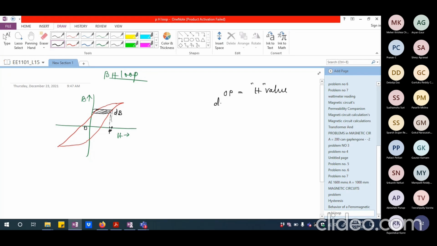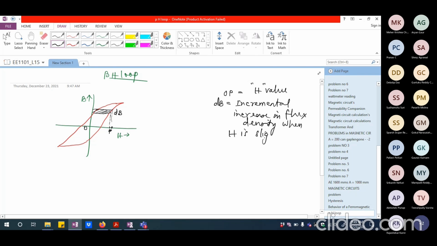So dB is the incremental increase in flux density when H is slightly increased, from OP to OQ.